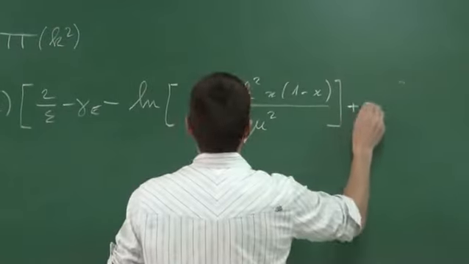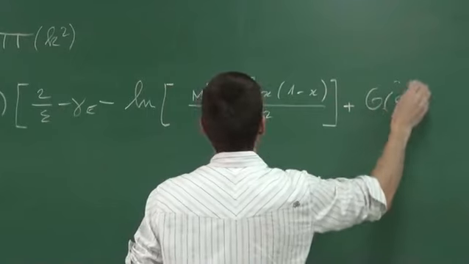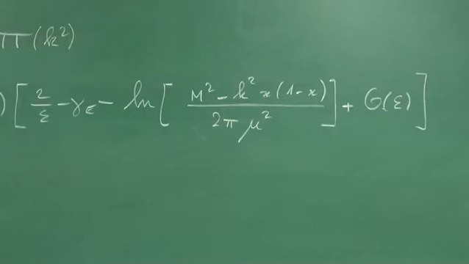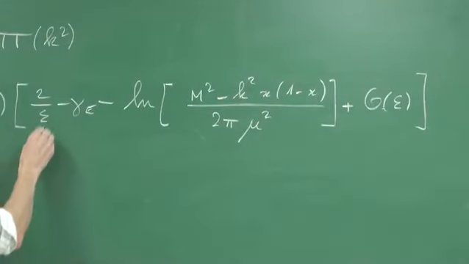Plus epsilon on this. Okay, so here, clearly, the energies is here, and we have to normalize it.